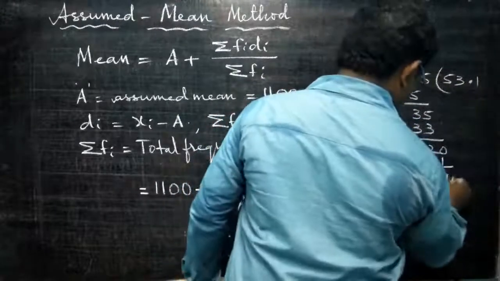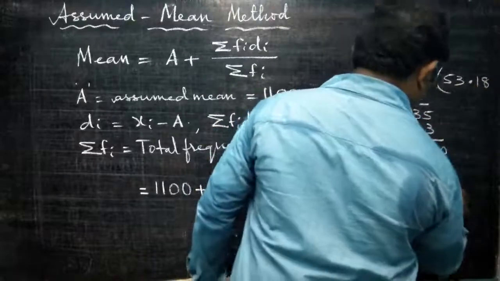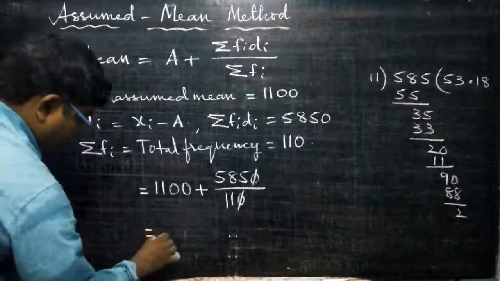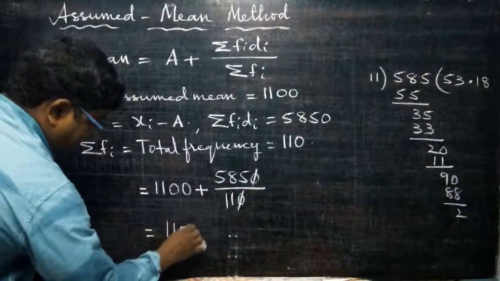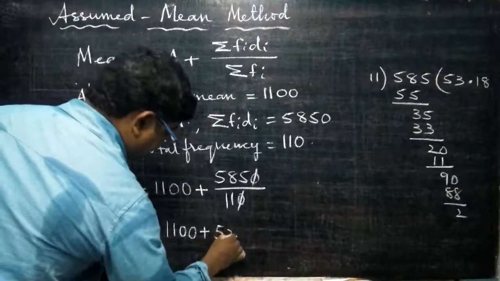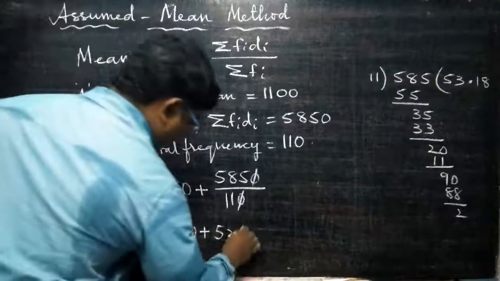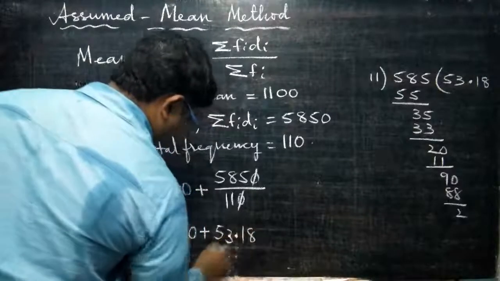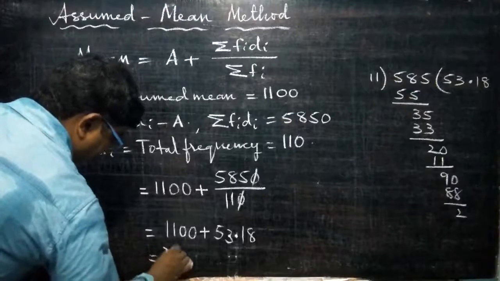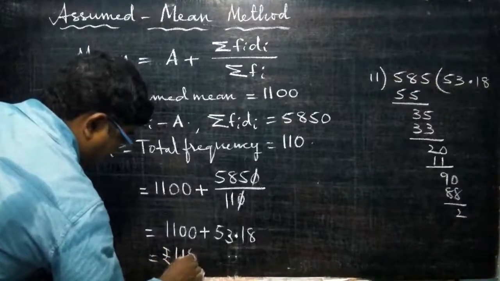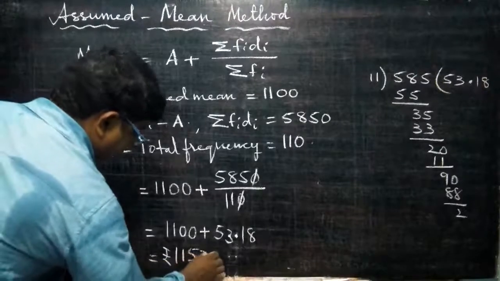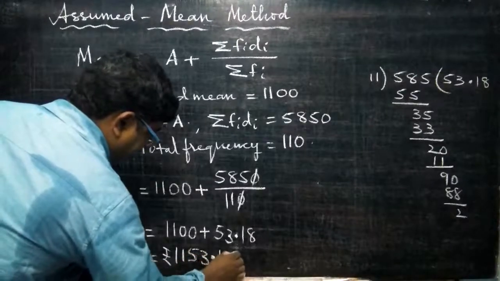Decimal 0. 9 8s are 88. 2 remaining. 2 decimals enough. So 1100 plus 53.18. 53.18. Add. That is equal to rupees 1,153.18.